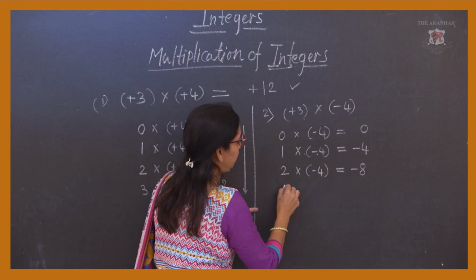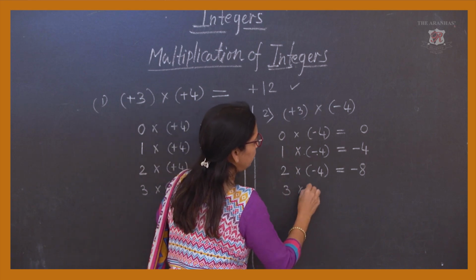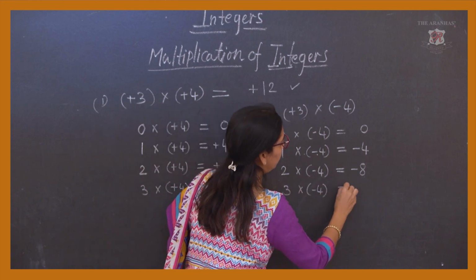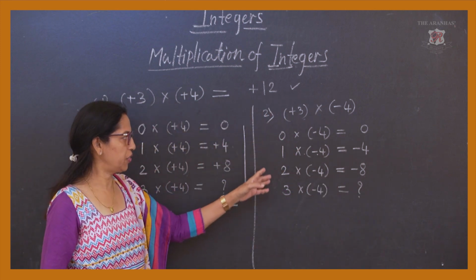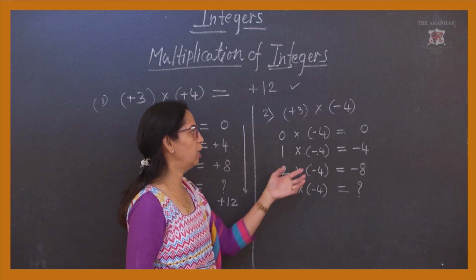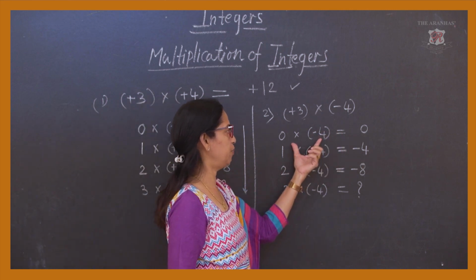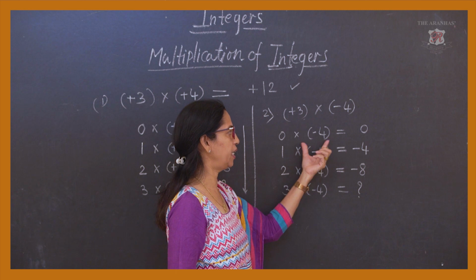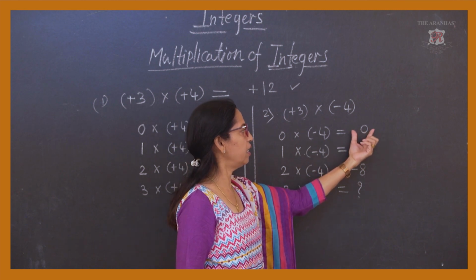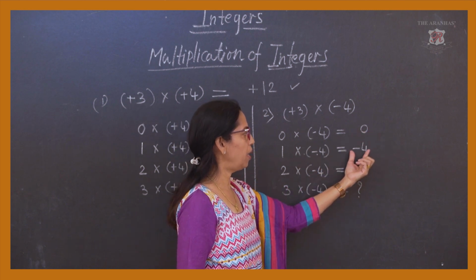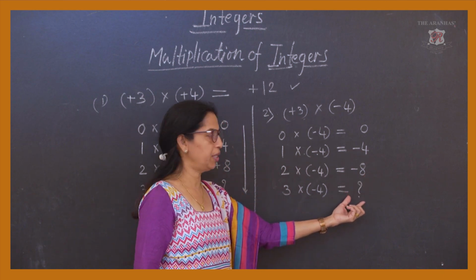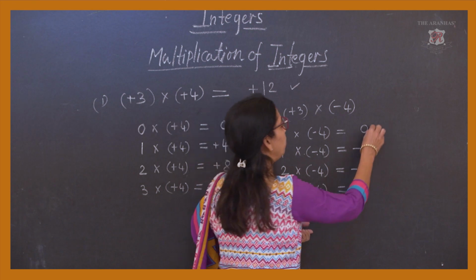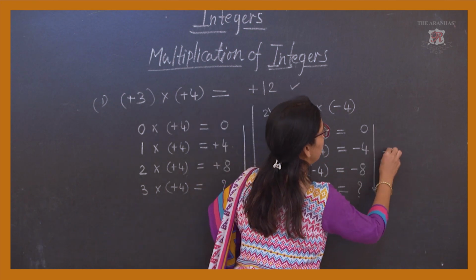And as we have here, 3 multiplied by minus 4 to get the answer. Now for observation, if you see by the multiplication method, the answers in this sequence are 0, minus 4, minus 8, and there is an increase of minus 4.